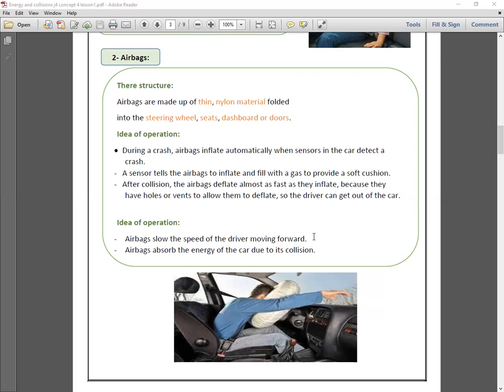So they send specific messages to the airbags to alarm them to inflate, and inflate here means to start to fill or become large, okay? They fill with specific gases to make a softening cushion, so it prevents our face from hitting what is in front of us inside the car.